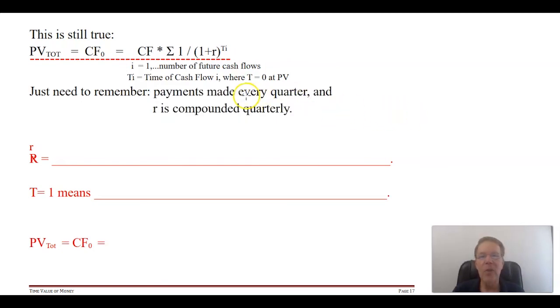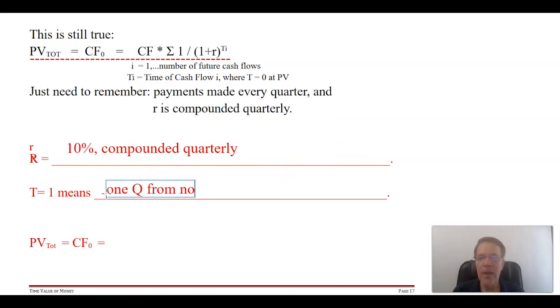In this case, Mr. Small Net Worth is going to have to make payments every quarter, and R is interest compounded quarterly. So let's fill that in here. R is equal to 10% compounded quarterly, so that's our native interest rate, and t equal to 1 is now going to mean 1 quarter from now.